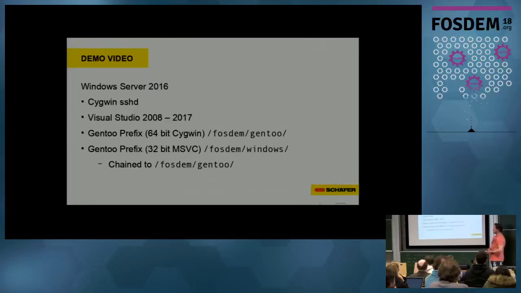I have set up a Gentoo prefix as the 64-bit Cygwin prefix in /FOSDEM Gentoo, and I have set up a chained prefix using the Cygwin prefix from FOSDEM Gentoo to manage the Windows prefix in FOSDEM Windows. Let's see how that works out.